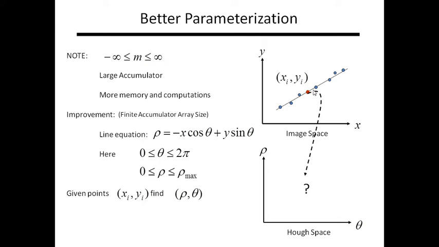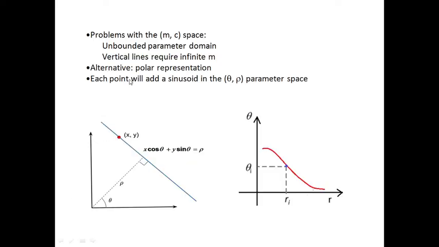I have said that I need to convert a line in the image space into Hough space. There will be a problem with the m comma c space, that is the Hough space: an unbounded parameter domain, because the slope m can be unbounded.